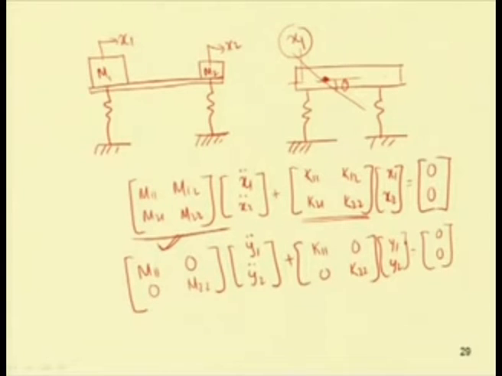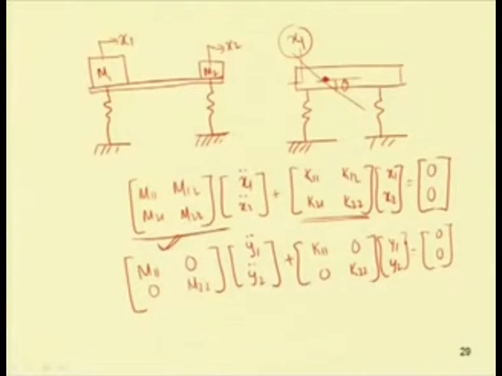So, for the coordinates y1, y2, the equation is uncoupled. The equations can be written as m11 y1 double dot plus k11 y1 equal to 0, and the second equation will be m22 y2 double dot plus k22 y2 equal to 0.